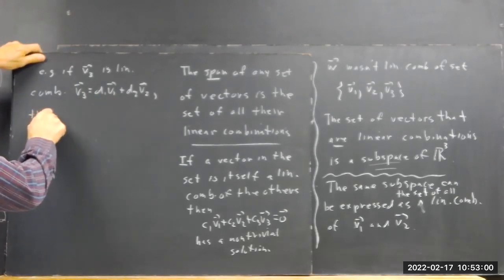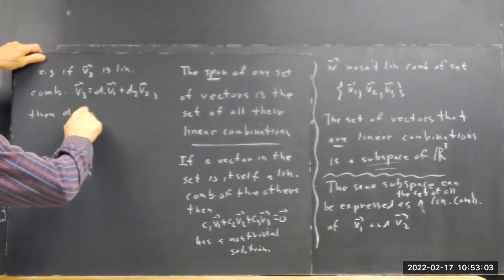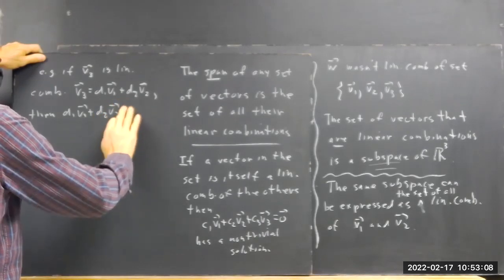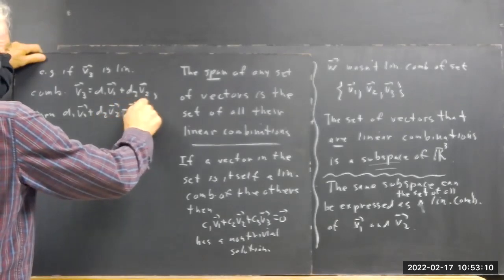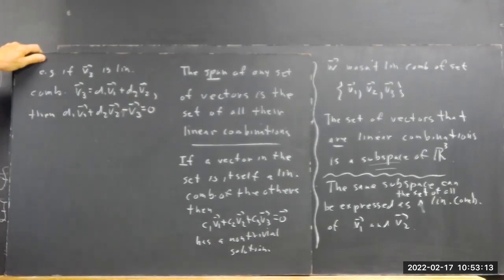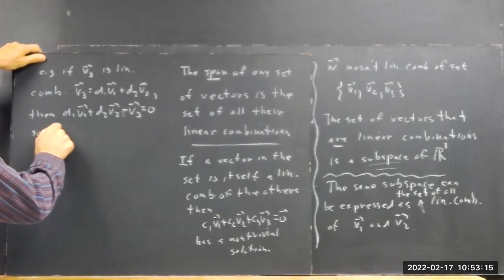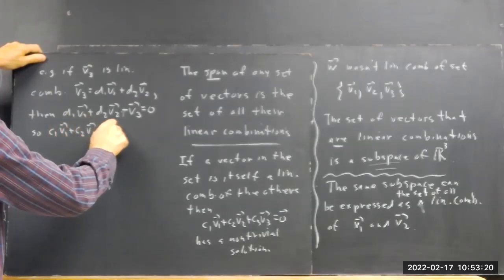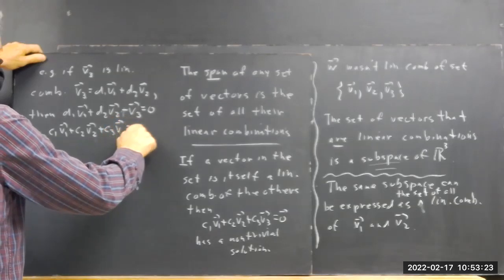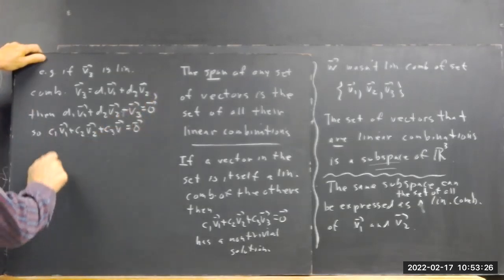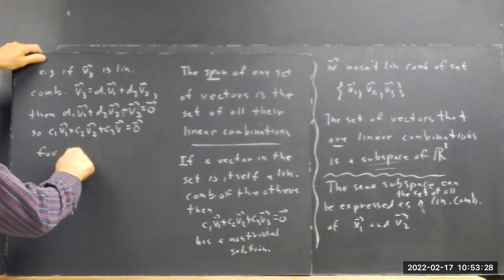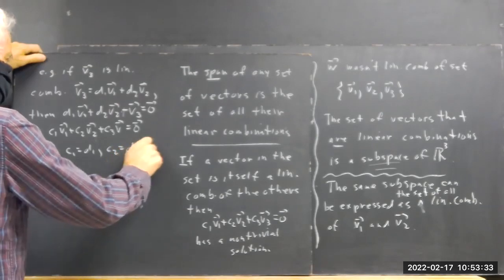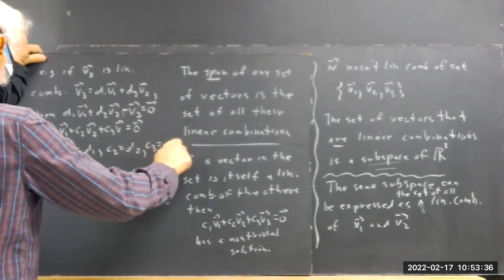Then we have this: C1 B1 plus C2 B2 plus C3 B3 equals the zero vector. So C1 equals B1, C2 equals B2, C3 equals -1.